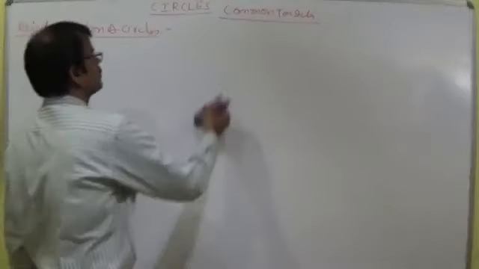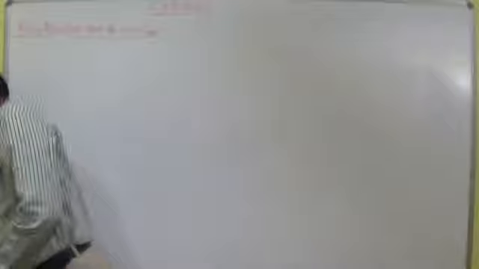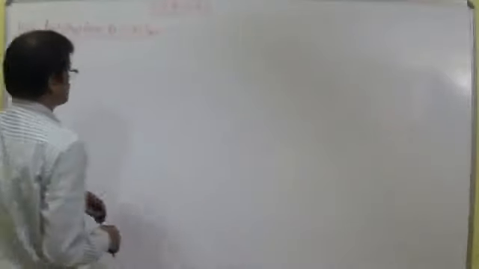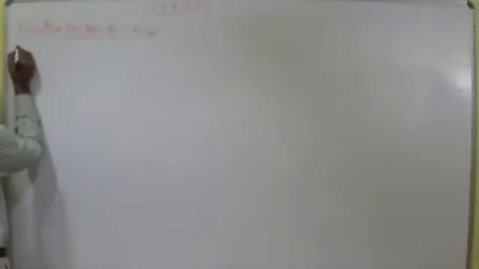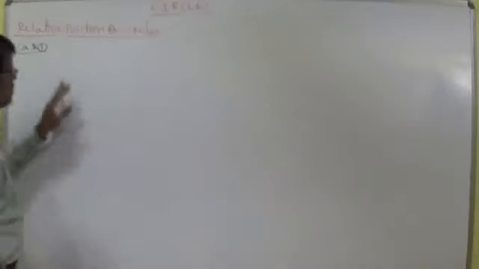The relative position of circles has a total of 5 cases. Let us write case 1. Detailed picture we need. Case 1.